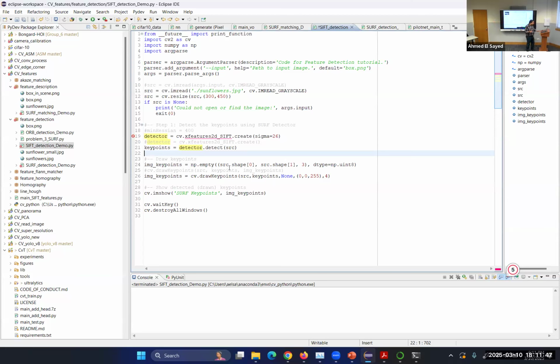Now, if I want to visualize this, can I see it? The answer is yes. All you need to do is create an empty image with the same size as the original image, then draw those key points on that image and return it to this empty matrix. That's it.